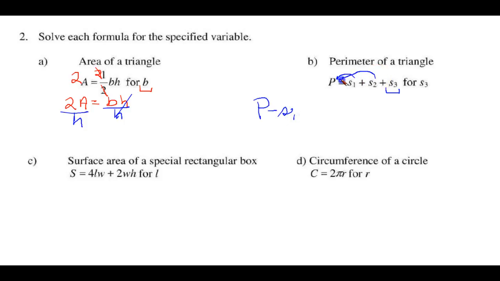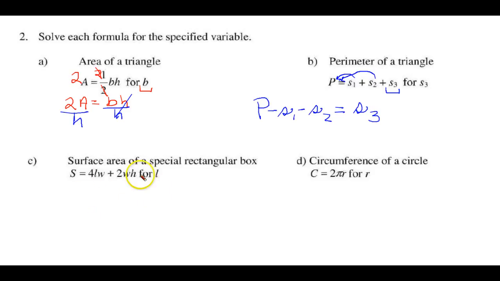Transpose this to the other side as a negative S sub 2. And that equals S sub 3. Again, the technique of transposition, just take a term from one side, move it to the other, and change its sign.